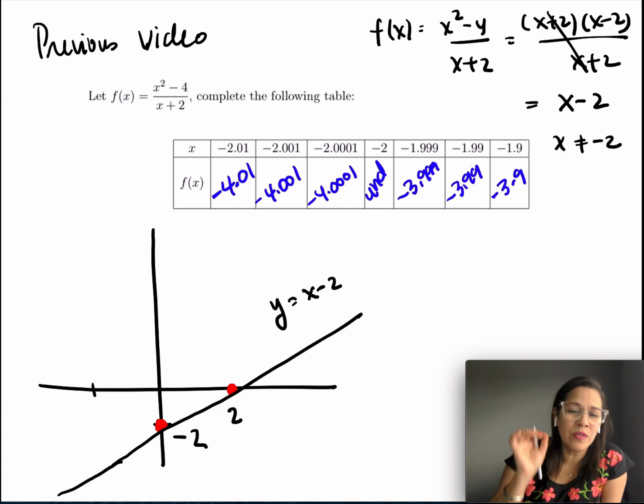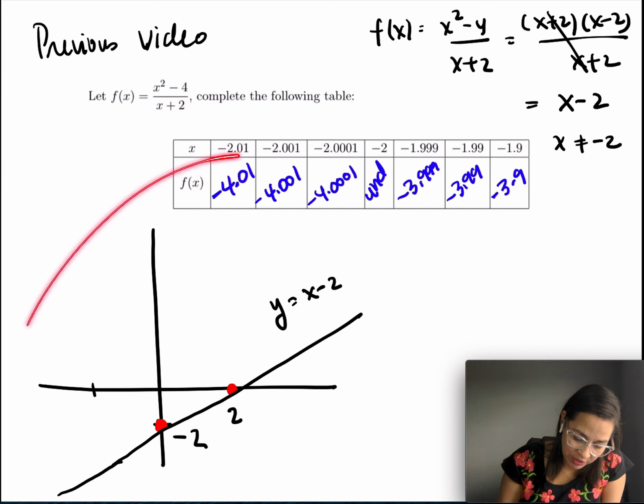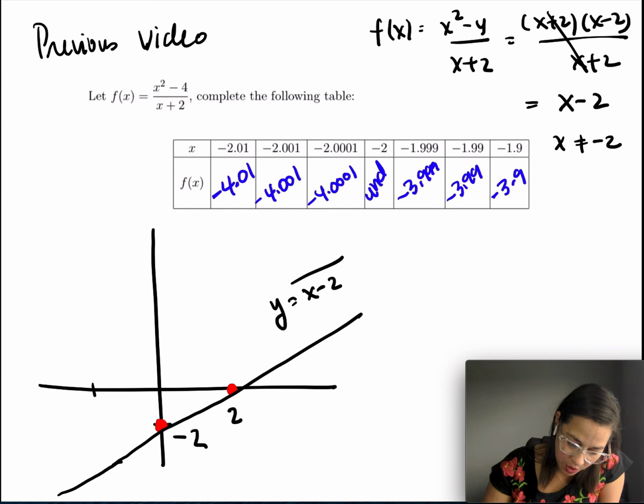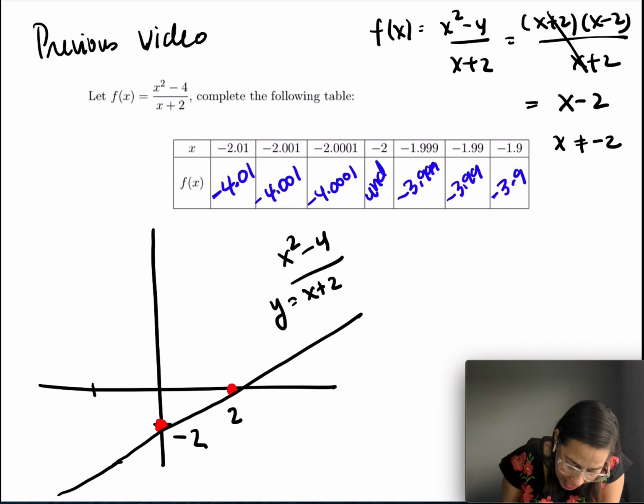Now, the graph of x squared minus 4 over x plus 2, once again, is just the graph of x minus 2 with a hole at x equals negative 2. So if I want to turn this graph into the graph that I'm looking for, then here at negative 2, I find my function, and it'll have a hole right here.